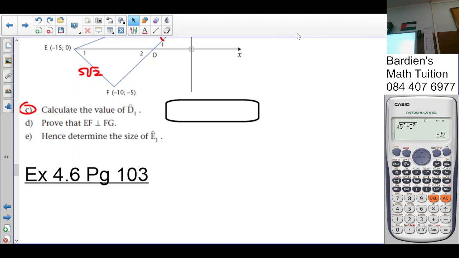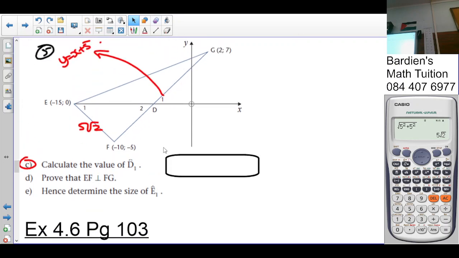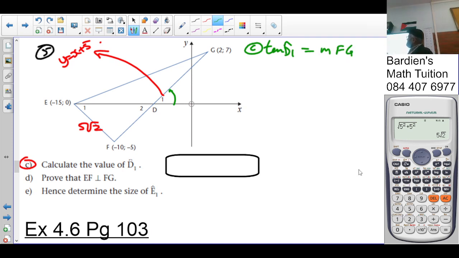The question says calculate angle D1. This is the angle here. So what do I need in order to calculate D1? I need the gradient of FG, because that angle is on that line. You will agree with that?